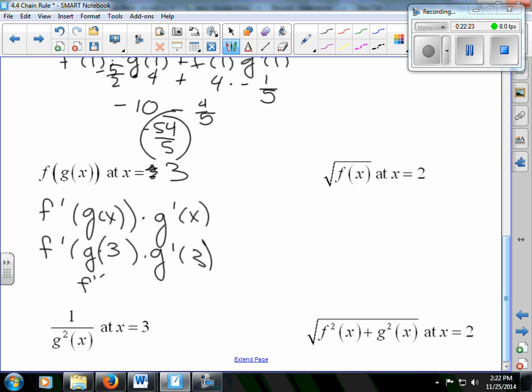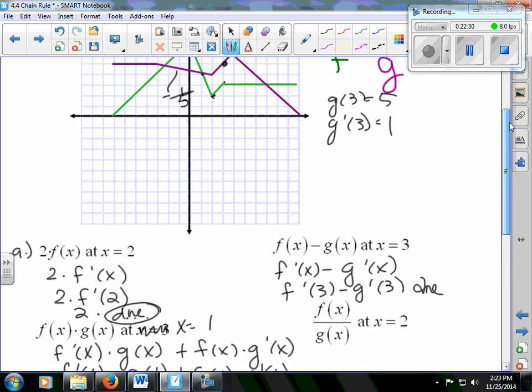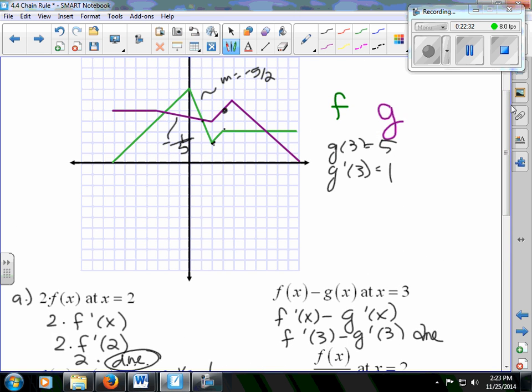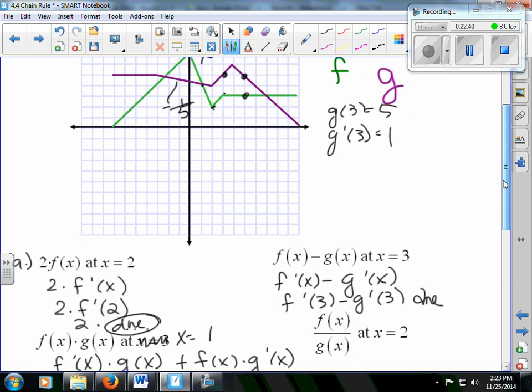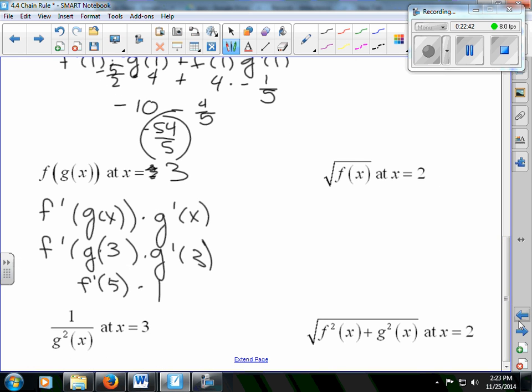So this means I have f prime of 5 times 1. And what is f prime of 5? So go back to the graph, look at where x equals 5. 2, 3, 4, 5. What is the slope of f there? F has a slope of 0 there. So 0 times 1, 0.